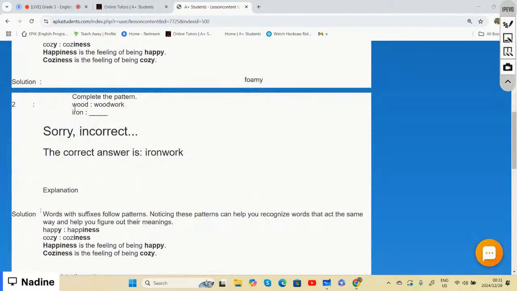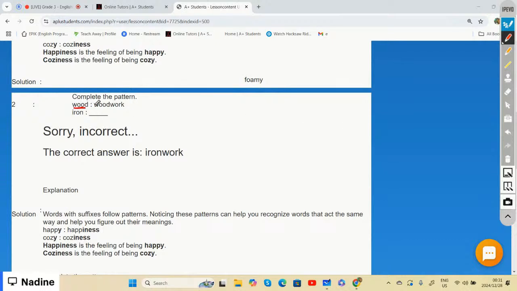All right, it says complete the pattern. If you, for example, do something with wood, then we can say it is woodwork. You're either making chairs, making tables, building something with wood. We call that woodwork.